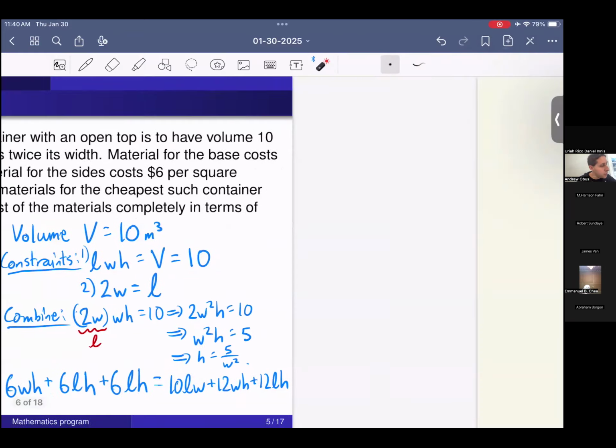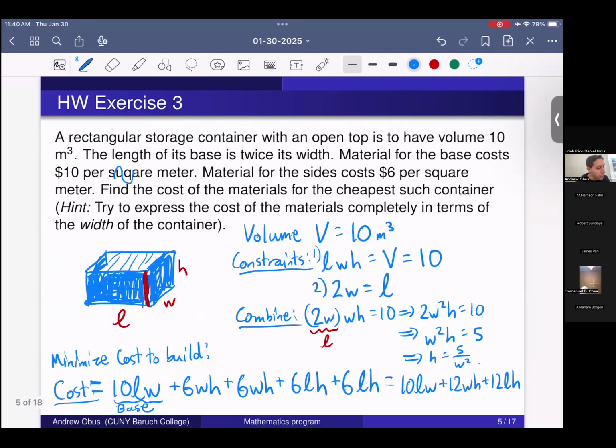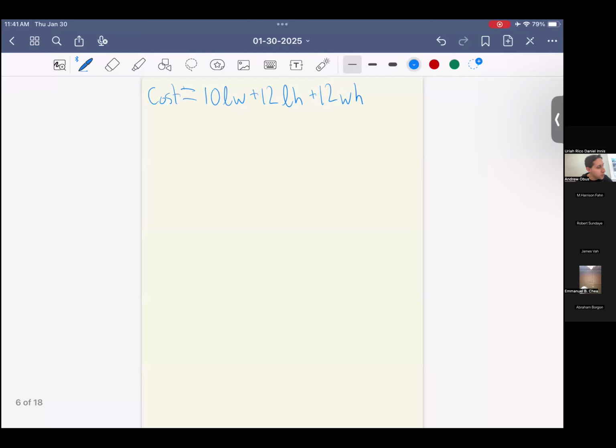So we have the cost. I'm just going to copy that down. Cost is equal to 10 LW plus 12 LH plus 12 WH. And from the previous page, we have ways of writing the length and the height in terms of the width. Here the length is equal to 2 times the width, and the height is equal to 5 divided by the square of the width.